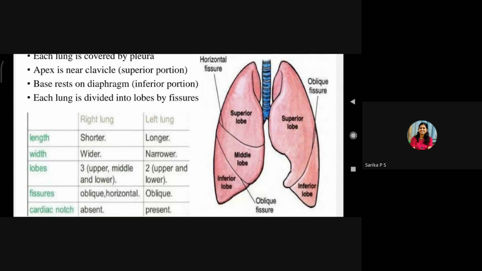And the left lung is divided into 2 lobes, superior lobe and inferior lobe, and it is lined by only one fissure, the oblique fissure.